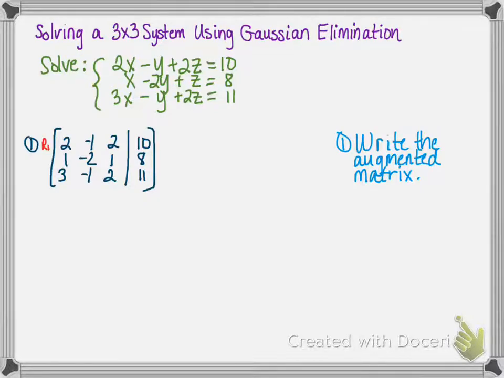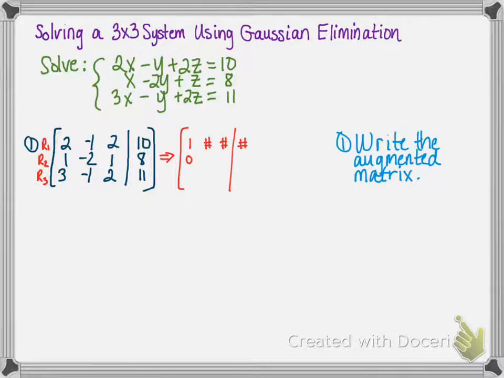We'll refer to this first row as row 1, row 2, and then row 3 is the third row. And my goal when using Gaussian elimination is to end up with a matrix where I have a 1 as the first element in the first column in the first row. I have numbers, and then another number.